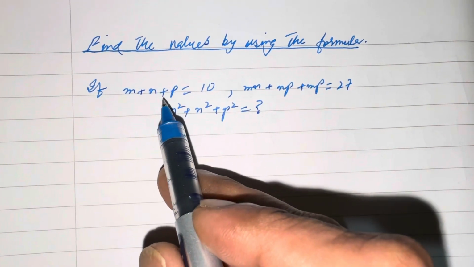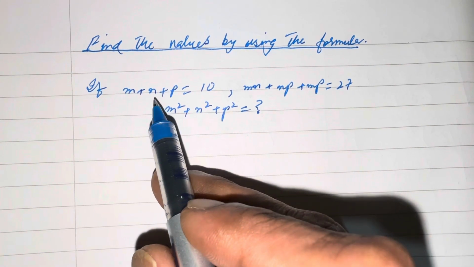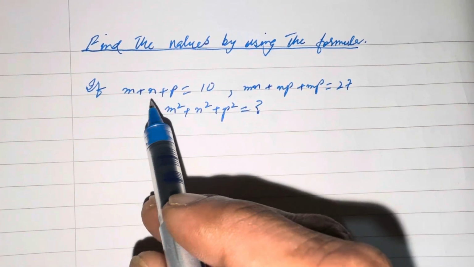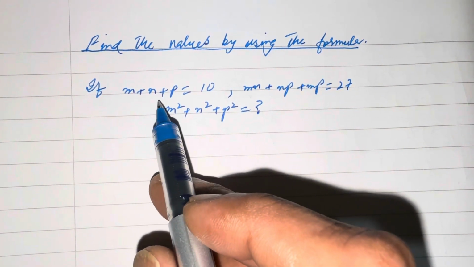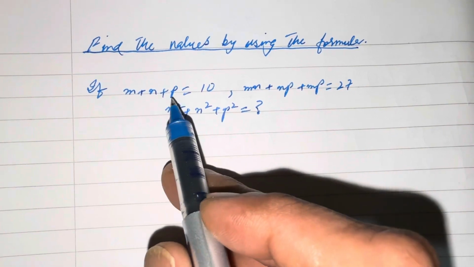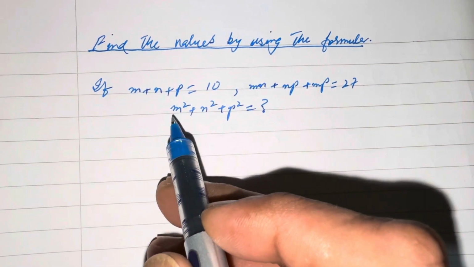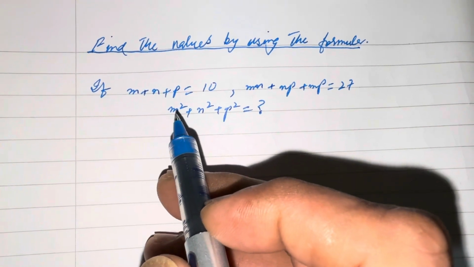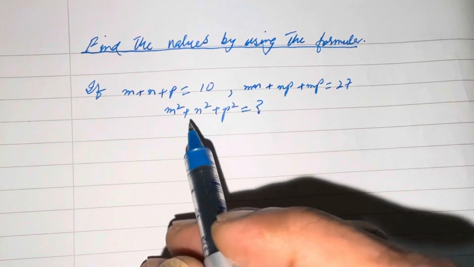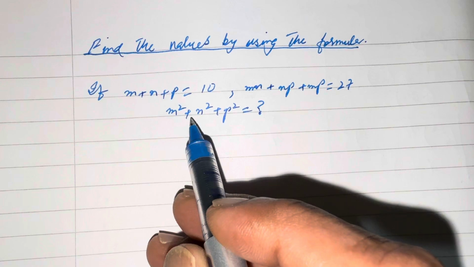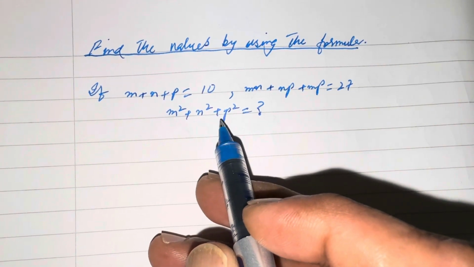So in today's question, you can see the variables are in m, n and p form. So we are going to use the formula for finding the value of m square plus n square plus p square.